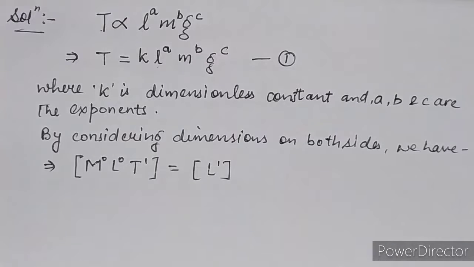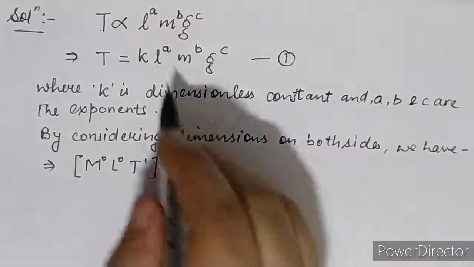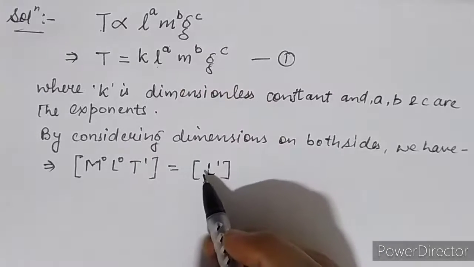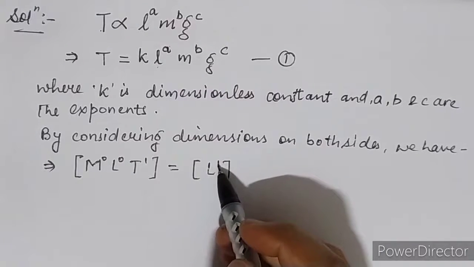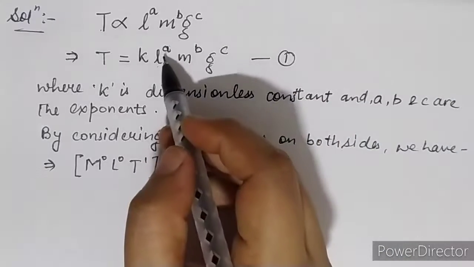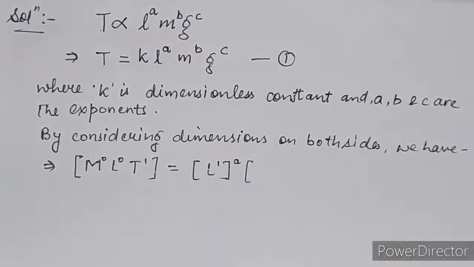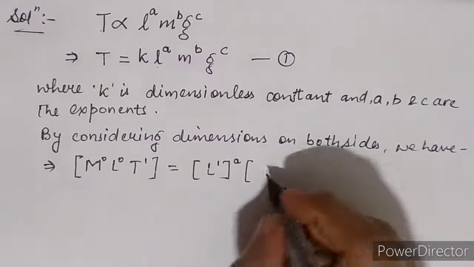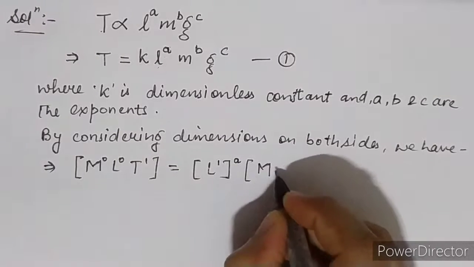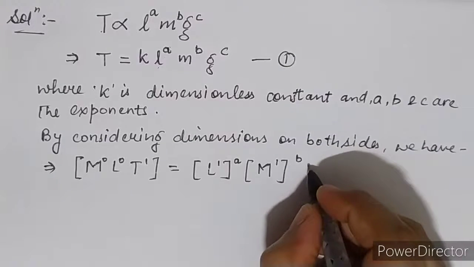Another is T, with power 0, so I am not writing it out. It generally has its own value, power 1, so 1 I am writing. And for deriving this numerical we have exponent a. Another, m is the mass, in kilograms, so it is M to the power 1, b.